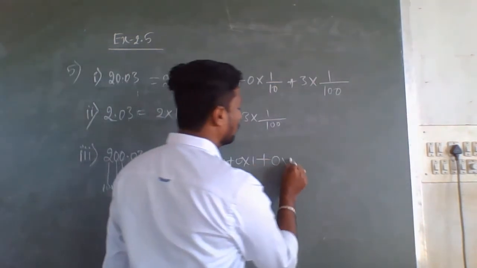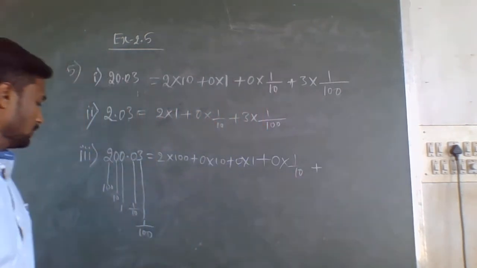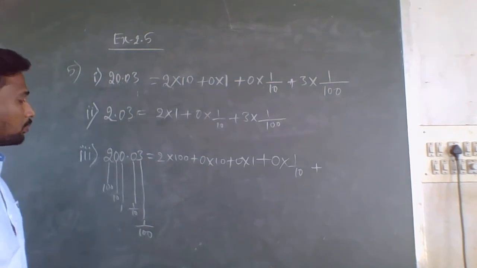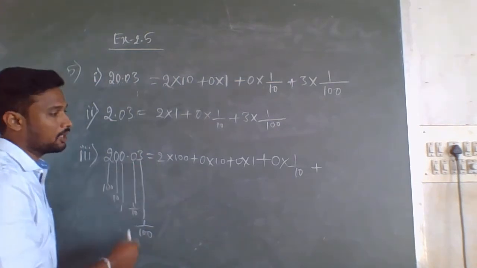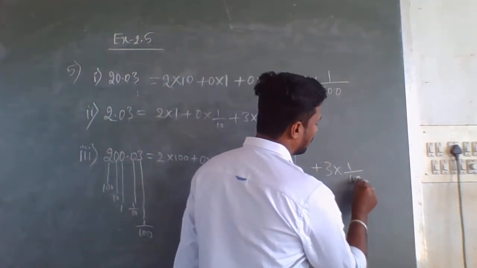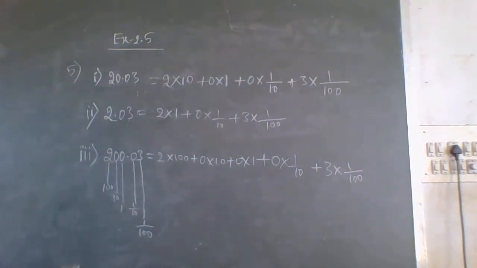So 0 into 1 by 10 plus 3 is at the hundredths position means 3 is at the position 1 by 100. So here we can write 3 into 1 by 100. This is how to expand decimal numbers. Okay.